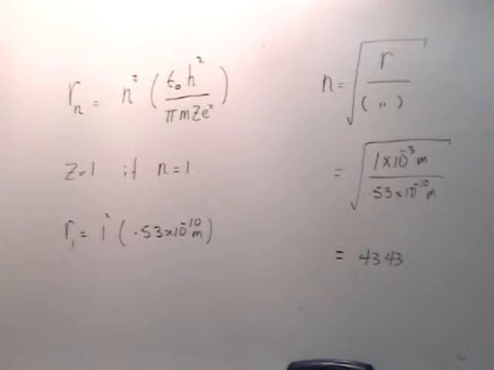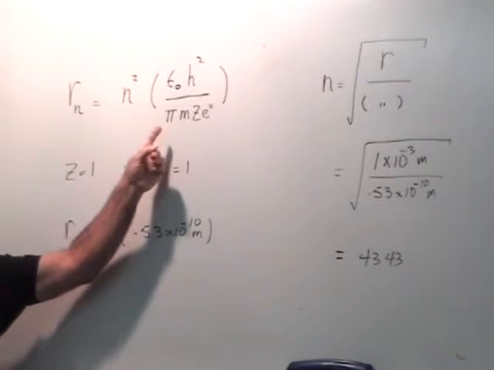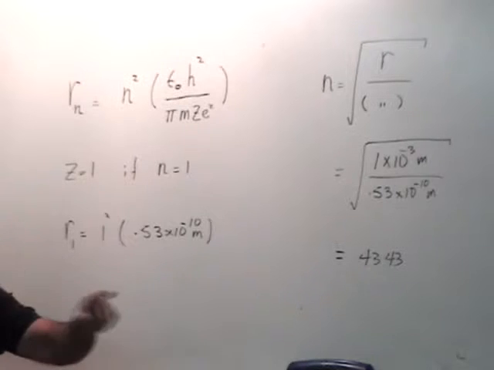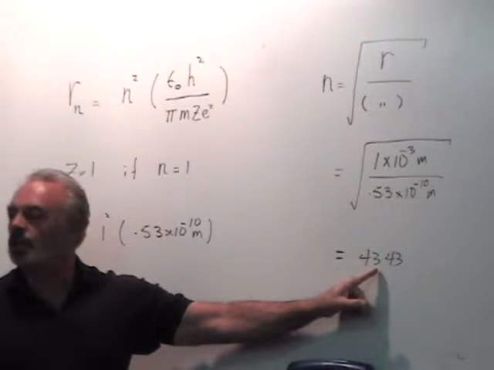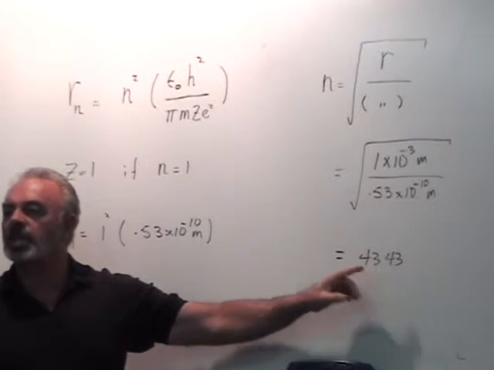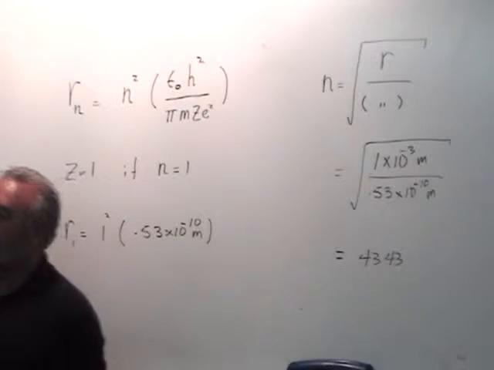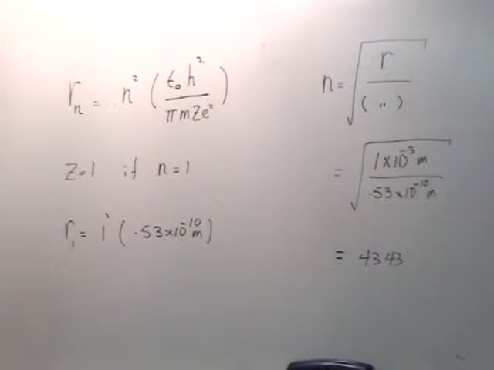If you went ahead and calculated, it depends on how you round and get a number very close to this. Might not be exactly 43, but it'll be close to that.